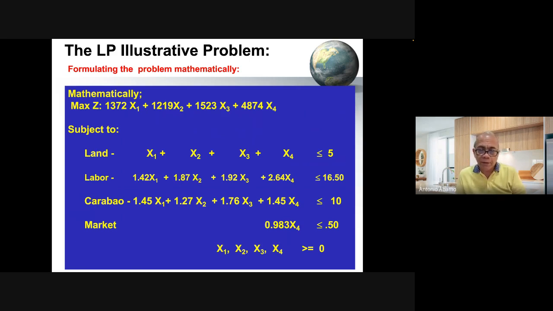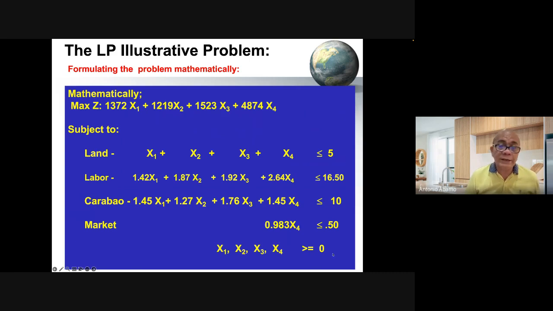The market for peanut is 0.98 X, less than or equal to 0.5. Then X1, X2, X3, X4 must be greater than or equal to 0.